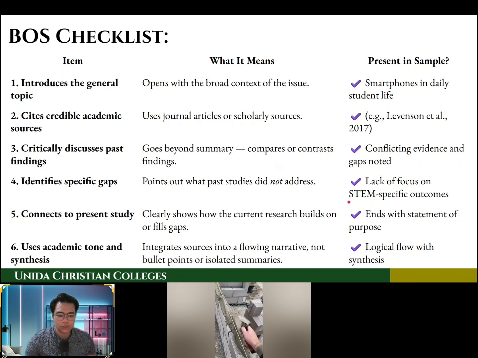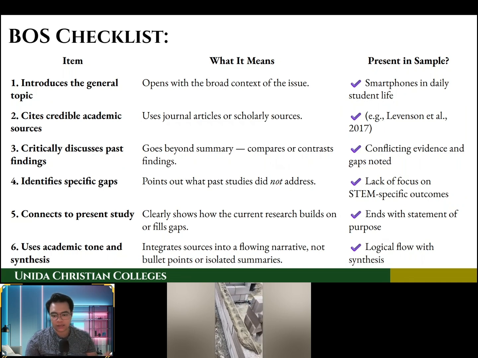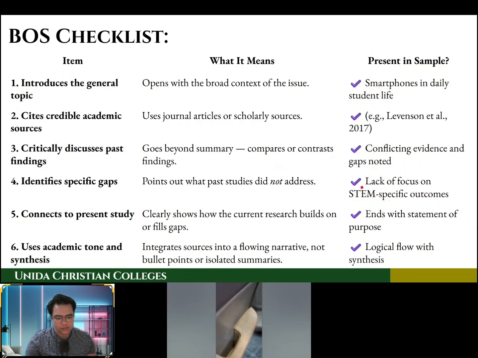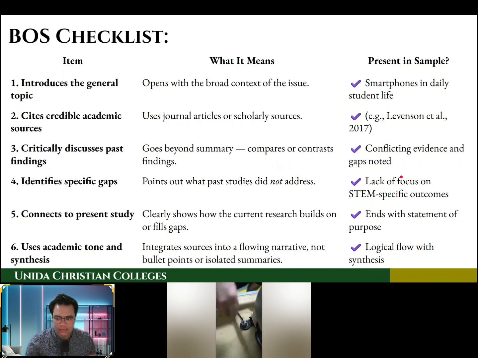So, what we're going to do is, we're going to look for gaps that other studies did not address, and we're going to focus on those gaps. So here in our sample, it says lack of a focus on STEM-specific outcomes. So again, that is clearly mentioned in our sample.